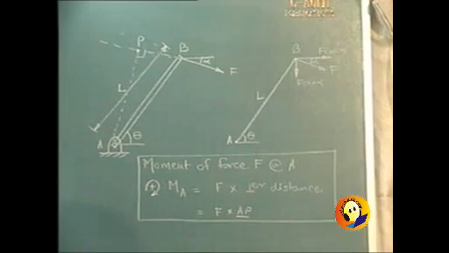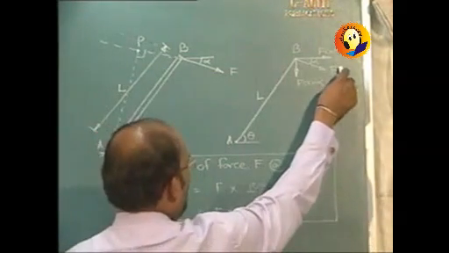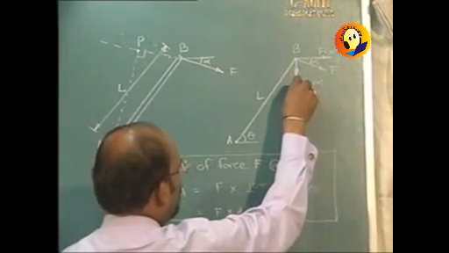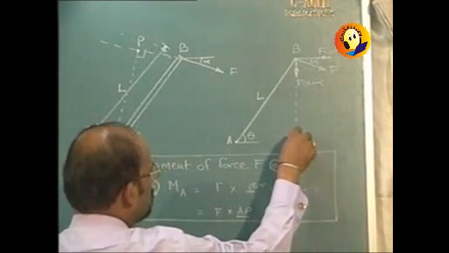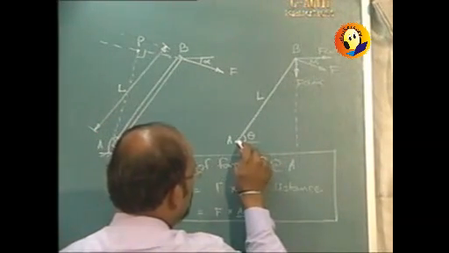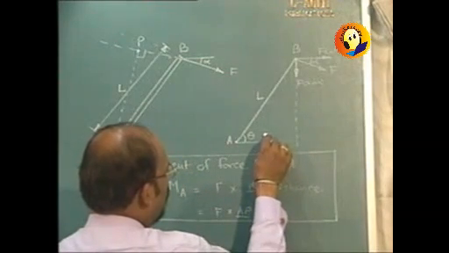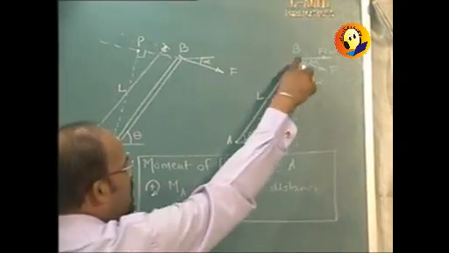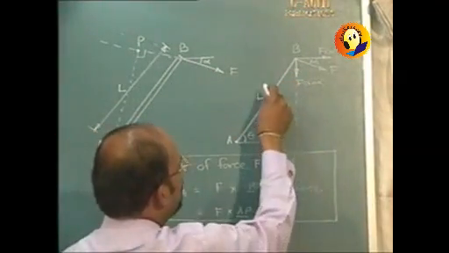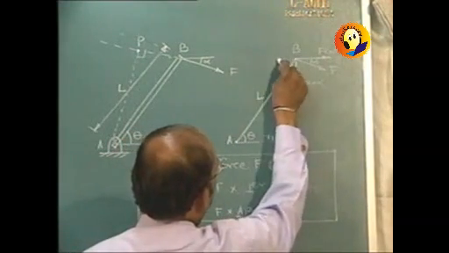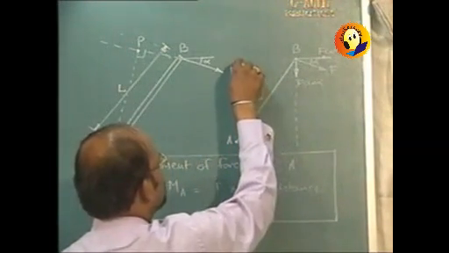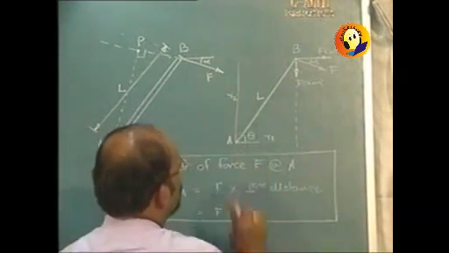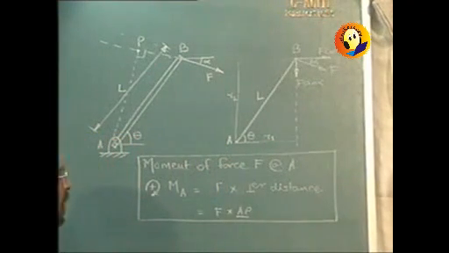And when we want to take the moment about A, then as force F has been put in the component form, we will be talking about the components of this force only and not force F. And a vertical force into the horizontal distance, if I call this distance as, say, R1, will be the moment of the vertical force F sin alpha about A. And similarly, the horizontal force, which is F cos alpha, into the vertical distance, which I can call as R2, will give me moment of F cos alpha.